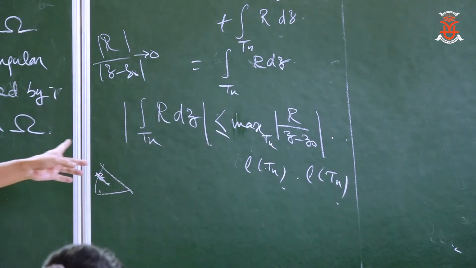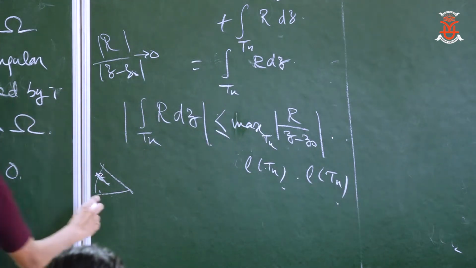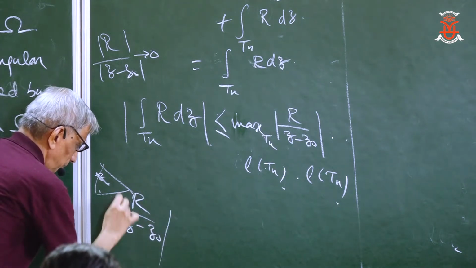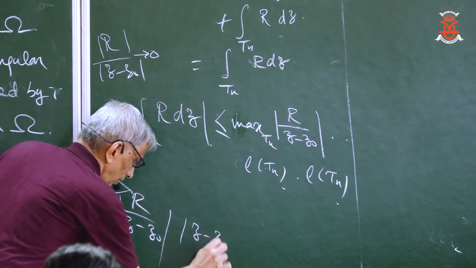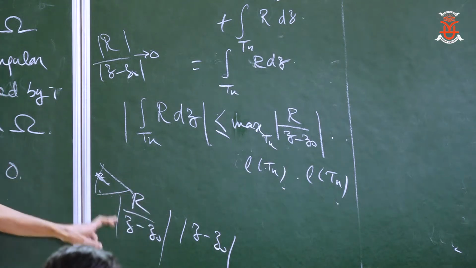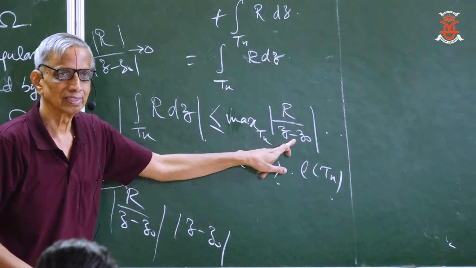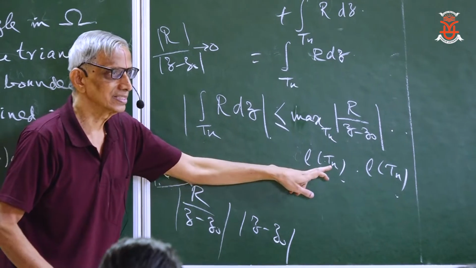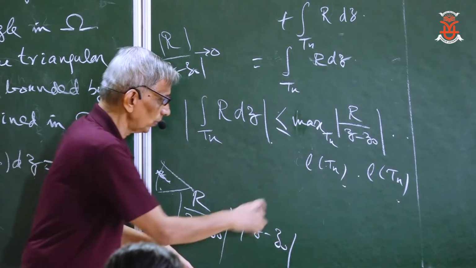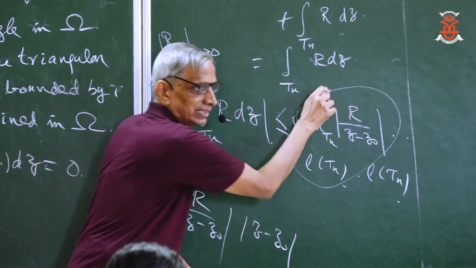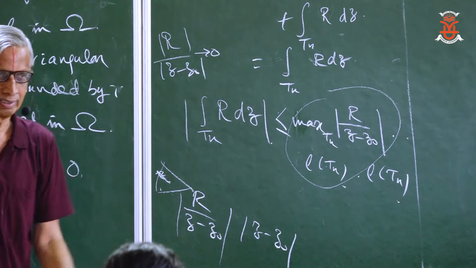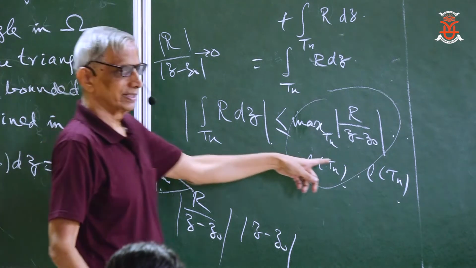Is this okay? So I am writing R like this. The bound for this is this, the bound for this is this, times the length. So this whole thing is the bound for the integrand, the bound for R, times the length of the integral there.